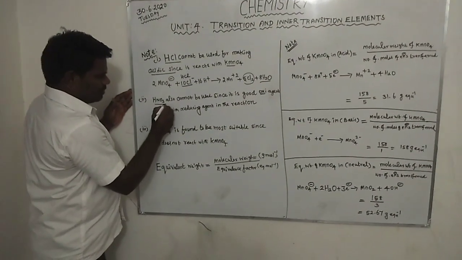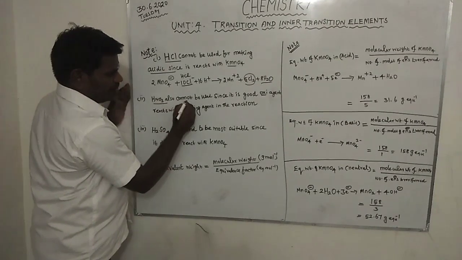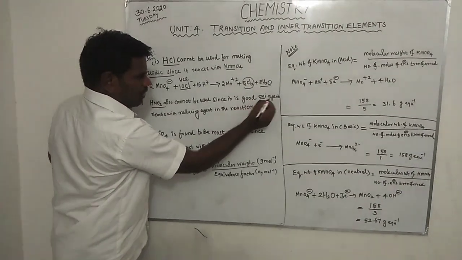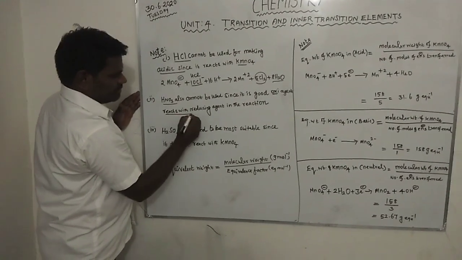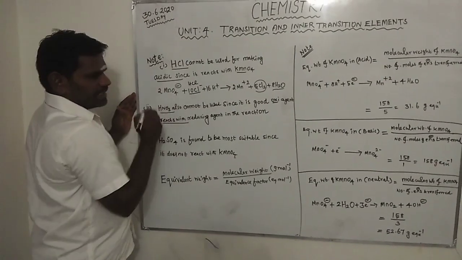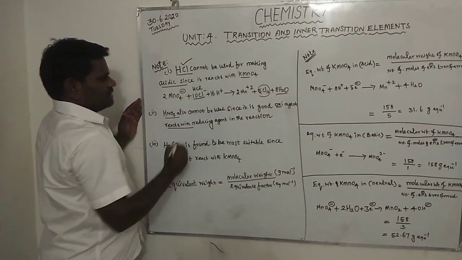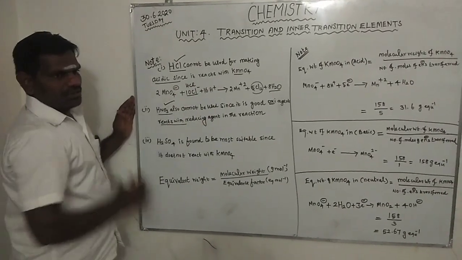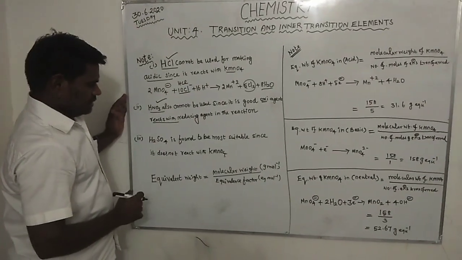Similarly, nitric acid also cannot be used since it is a good oxidizing agent. It reacts with the reducing agent in the reaction. So in this case, concentrated HCl and nitric acid cannot be used for potassium permanganate.